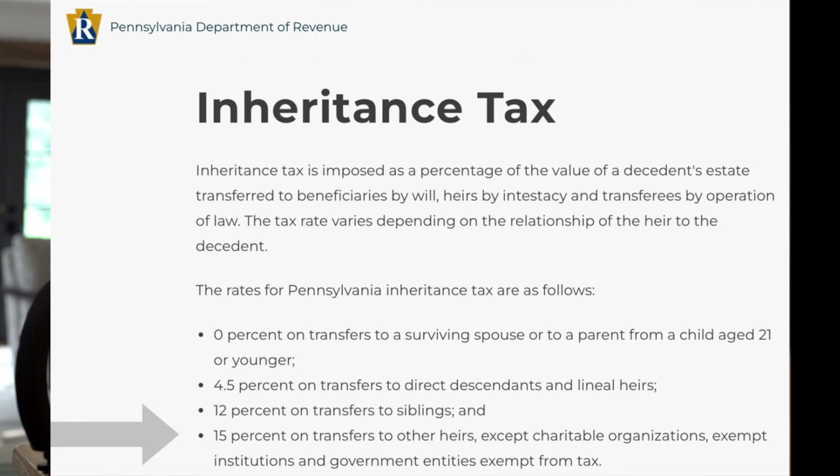All of those people are subject to tax at a rate of 15%. So this is the highest tax rate in Pennsylvania for inheritance tax, and it's one that should be considered. If your beneficiaries or many of your beneficiaries or any of your beneficiaries fall under that 15% category, it's something that probably should be discussed in the estate planning process.